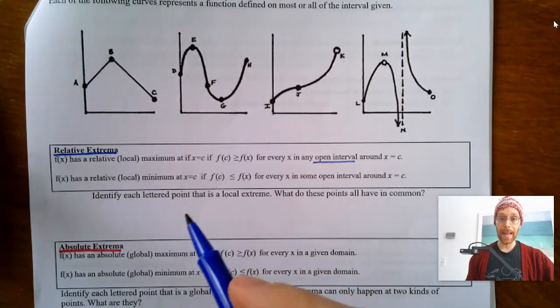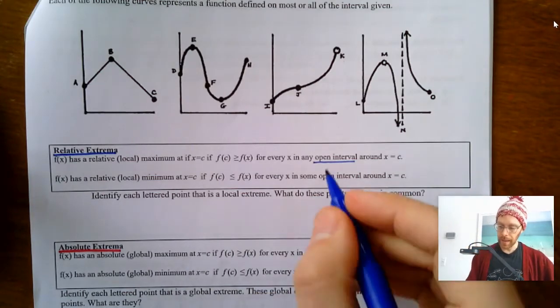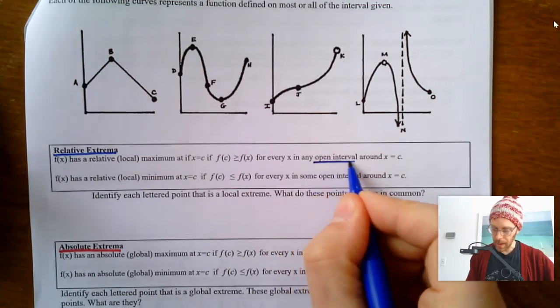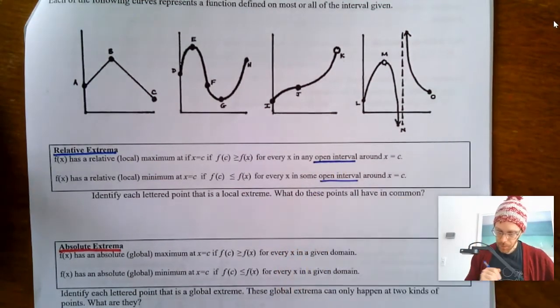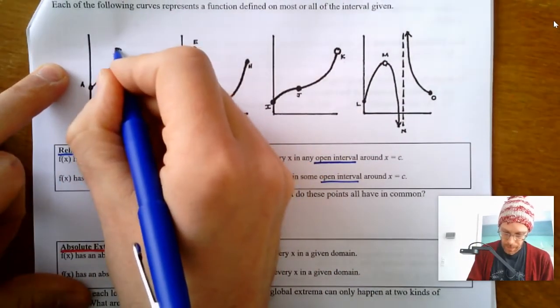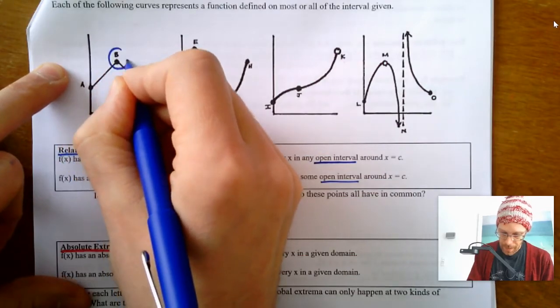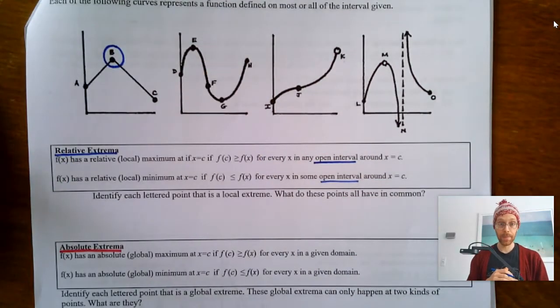It means that it has the biggest value in a neighborhood. And a neighborhood is also known as an open interval of points. So for example, if you looked at the first graph right here, we would have a relative extreme at B because it has the largest value in that neighborhood.